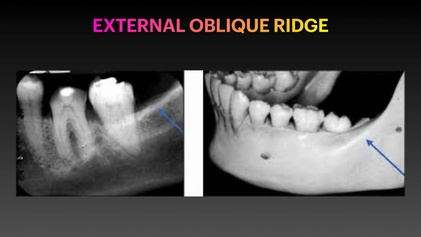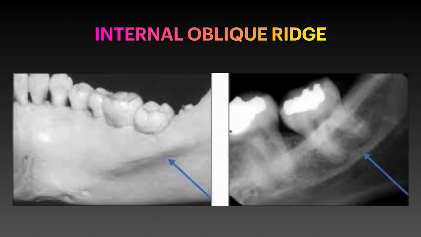Internal oblique ridge. A linear prominence of bone that is located on the internal surface of the mandible. It extends downwards and forwards from the ramus of the mandible. It may end in the region of the third molar, or it may continue as the mylohyoid ridge.